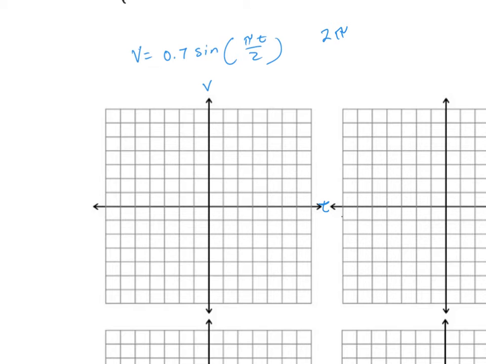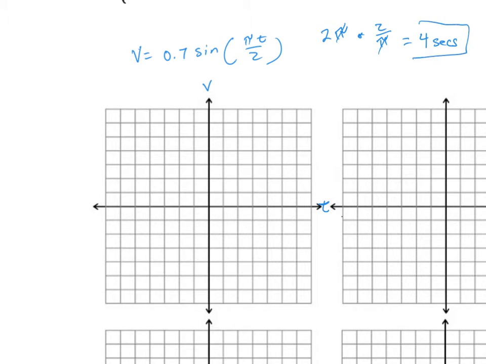Well, we're just going to divide that by pi over 2, or multiply by 2 over pi, to give me my period. So my pi's cancel out to make 1. 2 times 2 is 4. So my cycle is 4 seconds.